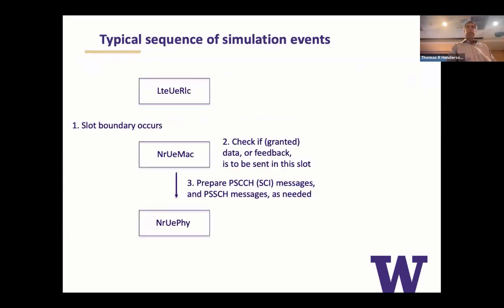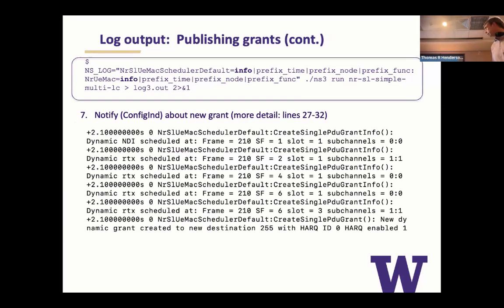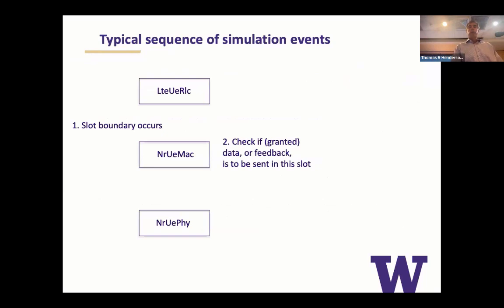And then later in the code, when a slot boundary occurs, it checks, am I at one of these times where I'm supposed to be sending data? If so, it will prepare, if needed, the control channel message, and then any traffic channel messages, and send them down to the physical layer.